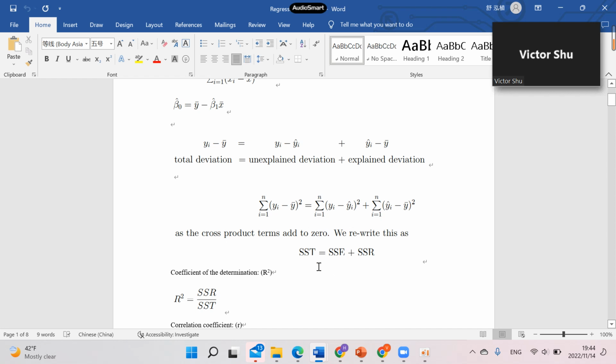And in the exam, all of those numbers should be given. You don't need to calculate the sum of all the differences of yi and the predicted yi and square them. It's not practical to do by hand.